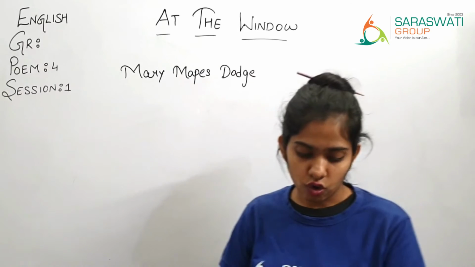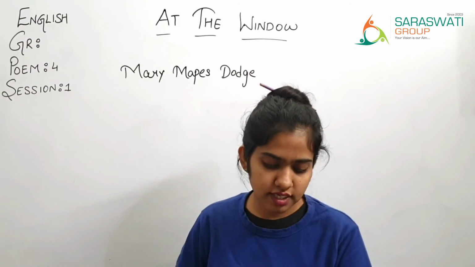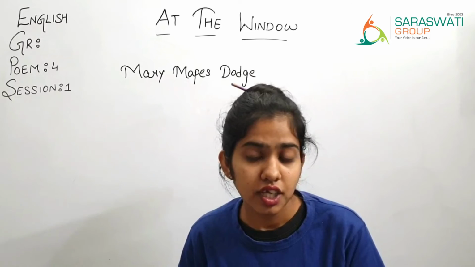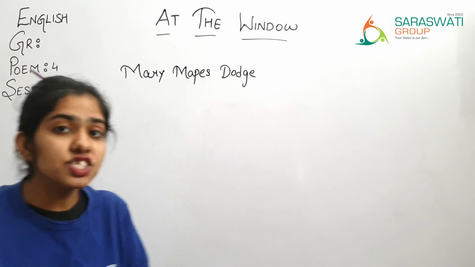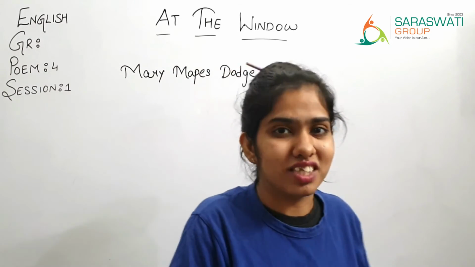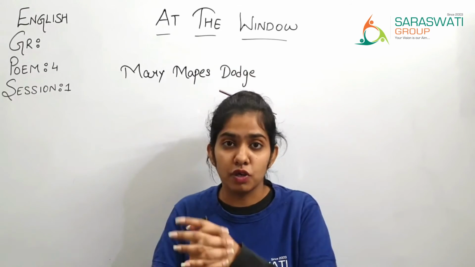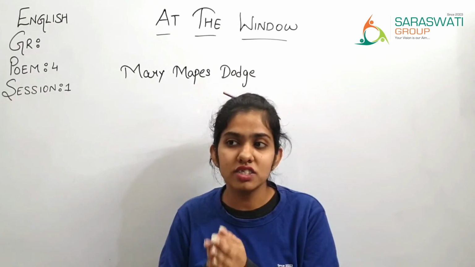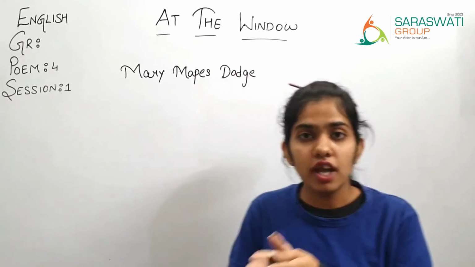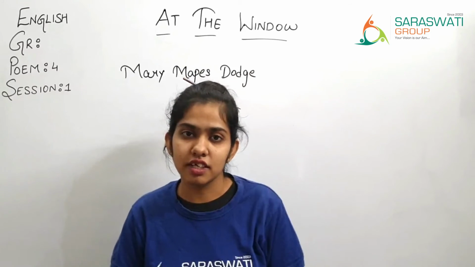She wants to know what the moon is looking for and what the moon found. So we can say yes, the poet is curious because she wants to know. The poet wants to know what the moon is looking for and what she finds in the end.